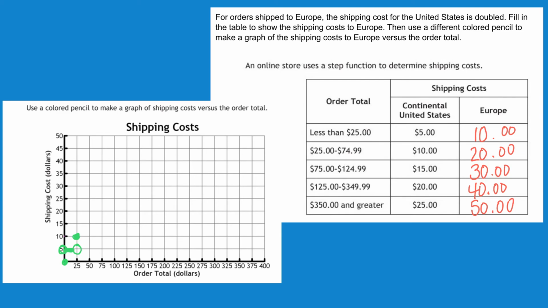Well, I'm not going to get very close to $74.99, so let's put an open point at 75. Basically that means it's everything all the way up and almost to 75. So that very last point before 75 is going to be that $74.99. If I use an open circle, 75 is not included, but everything up to that is.